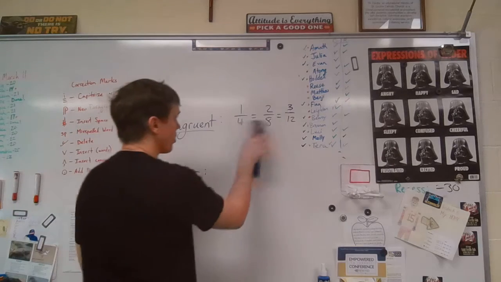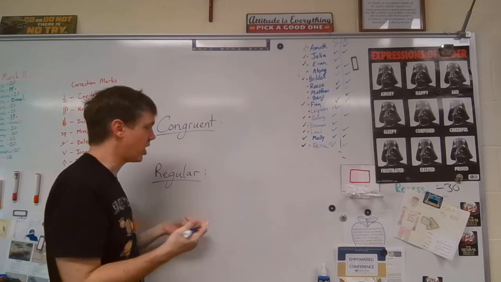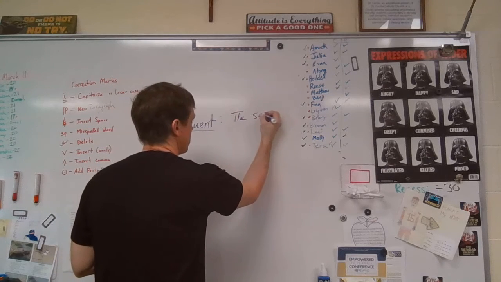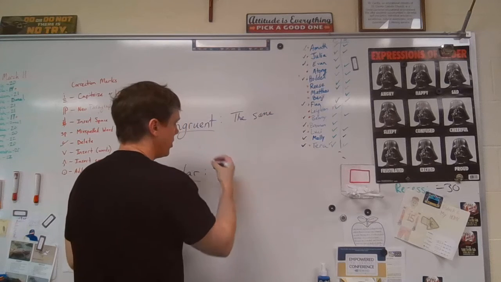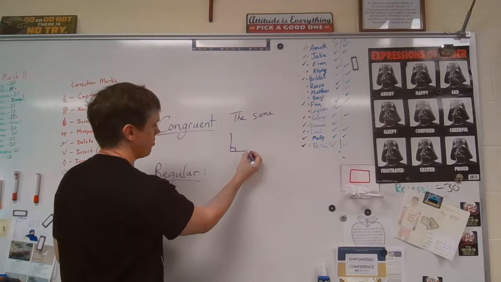Okay, so congruent when we're talking geometry means the same. So if I have this right here, it means 90 degrees.